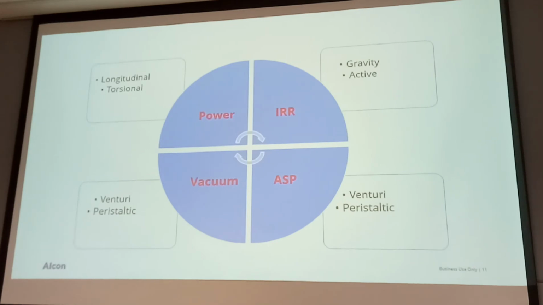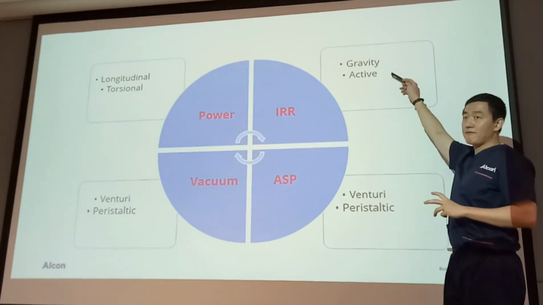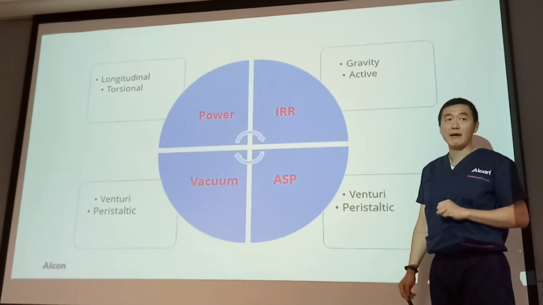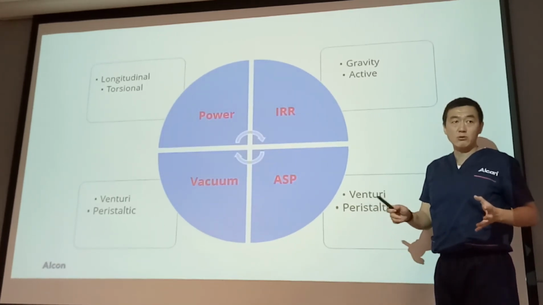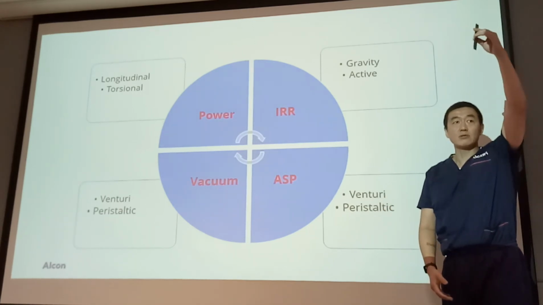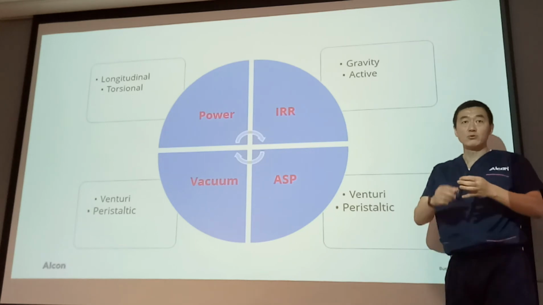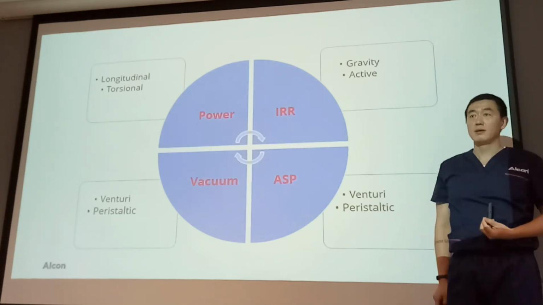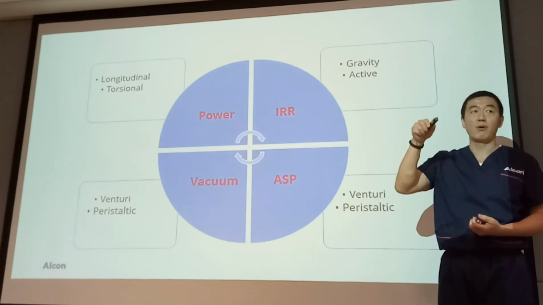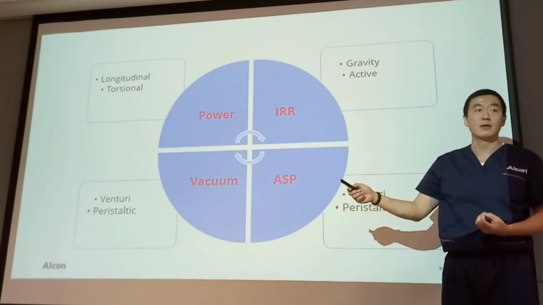So when we see these 4 factors, there are some designs in the market for irrigation. We not only have gravity as before; nowadays we have active pressure going to the patient side. Before we used gravity. What is gravity? We use the acceleration, which is 9.8 something, right?